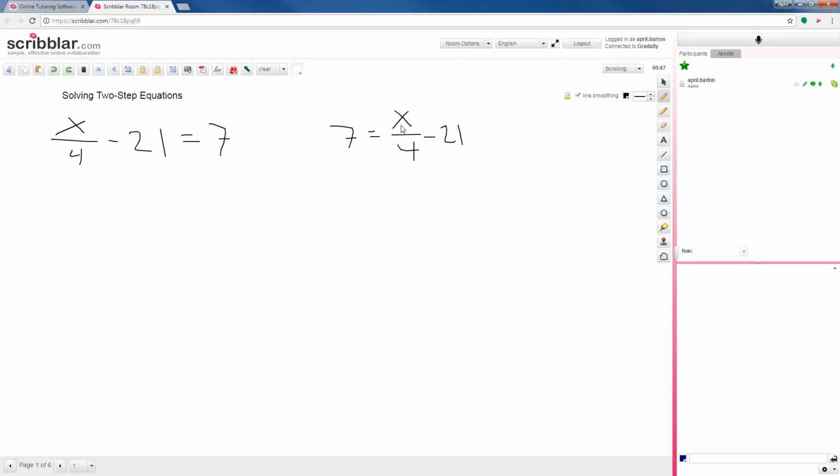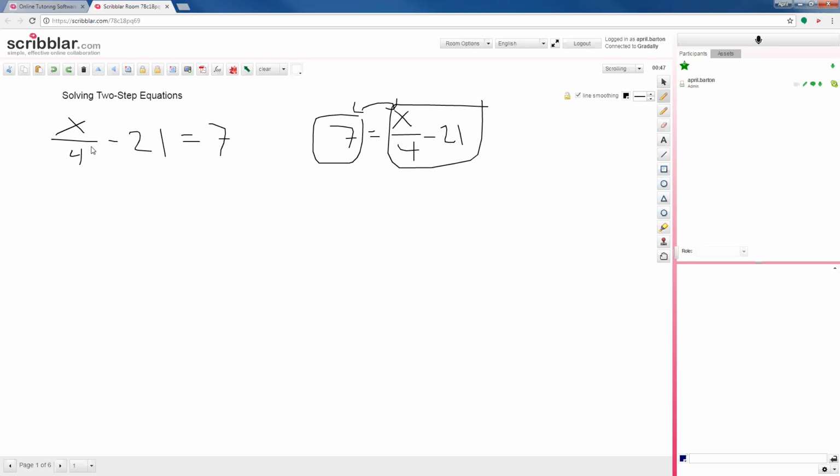If you like the variable on the left, because most of the time it starts on the left, you are always welcome to just rewrite it. As long as you switch the entire sides, that doesn't matter. With an equal sign, you can just switch everything completely and get that variable on the left.